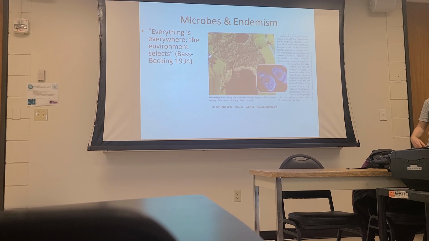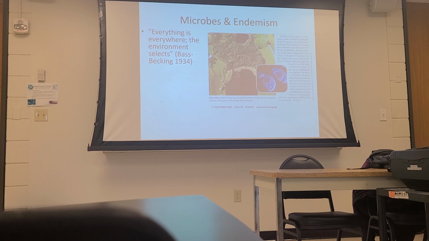There's a quote, I don't know who said it: everything is everywhere, the environment selects. So everything could be found all over the world, but you found different communities in two different lakes far apart because the environment selected for those particular species. Originally, all the species could be there, but they just don't last.